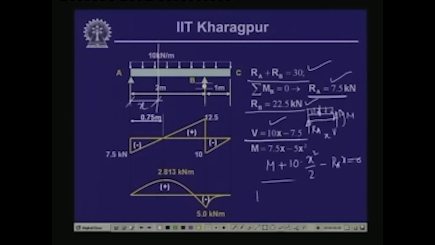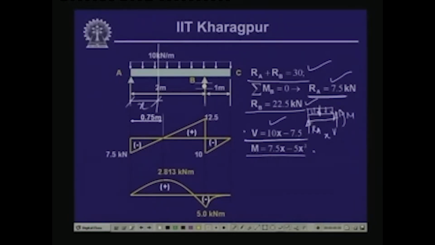So, this gives us M equal to Ra into x, where Ra is 7.5. So, 7.5 into x minus 5x square. This is the expression for the bending moment, which is indicated over here. So, we have the values of bending moment and shear force indicated by these expressions.